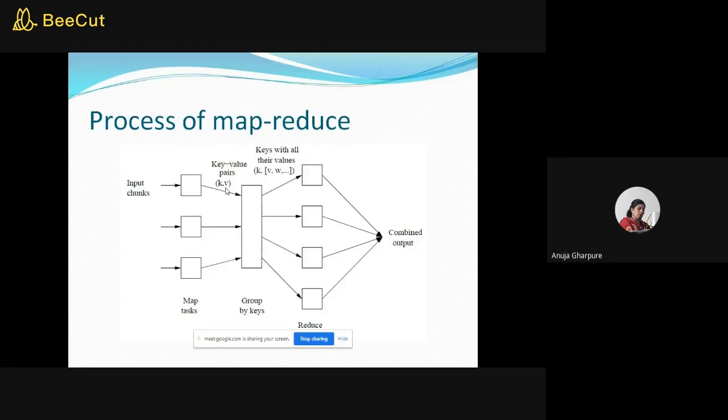Now see that these key value pairs will be multiple. People with names starting with Sushant will be many. So it will try to collect these keys.